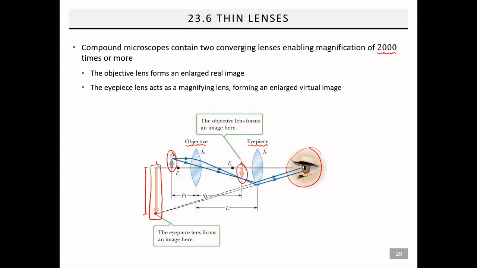The outgoing light rays do not actually meet at the image location. So when you're looking through these two lenses, the image that you see is virtual. Again, don't be confused by this term virtual. It's still an image that you actually see when you look through the two lenses.